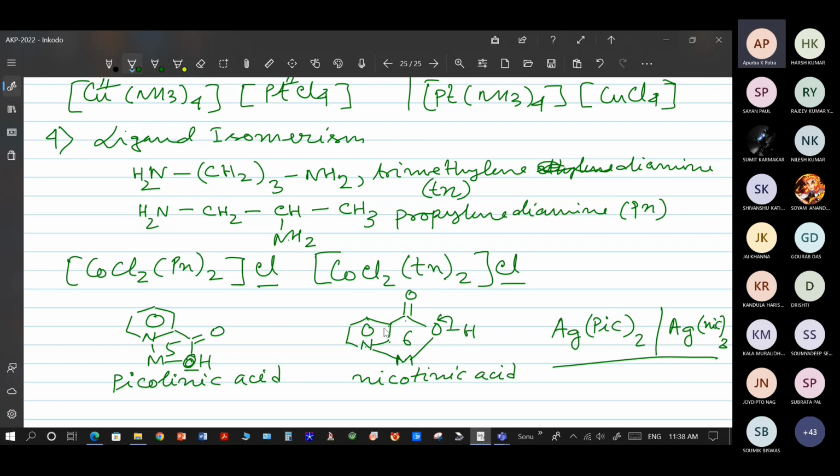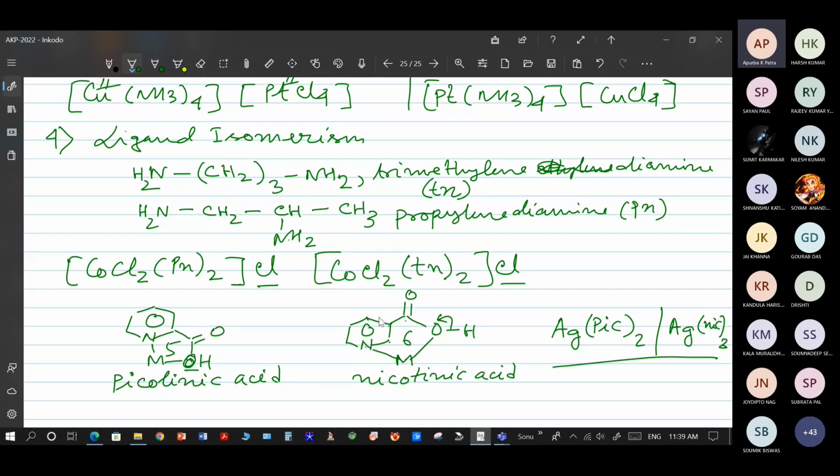But if it is in the para position, then you are not going to form a chelate complex with one ligand where the pyridine nitrogen and one of the carboxylate oxygen atoms are attached to the metal, because that is going to give you a 7-member ring. It is better for it to act as a bridging ligand. So this N will coordinate to one metal center, and the carboxylate O minus is going to coordinate to the other metal center if it is present in the para position.